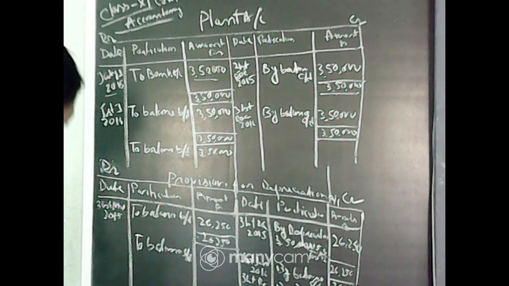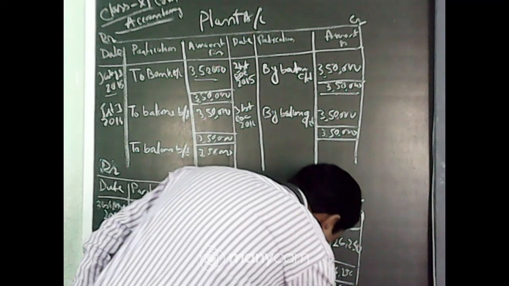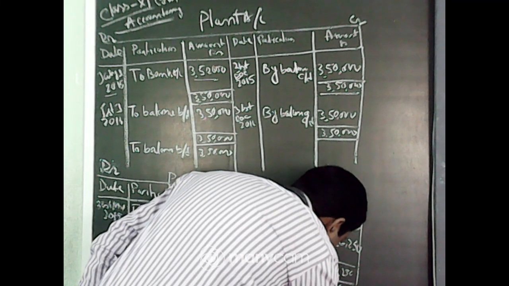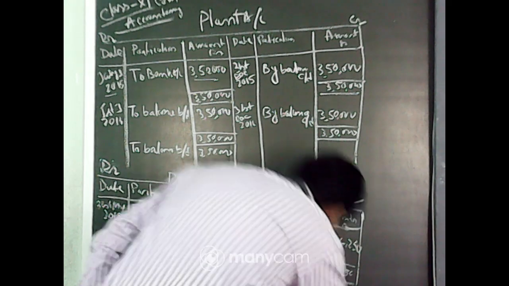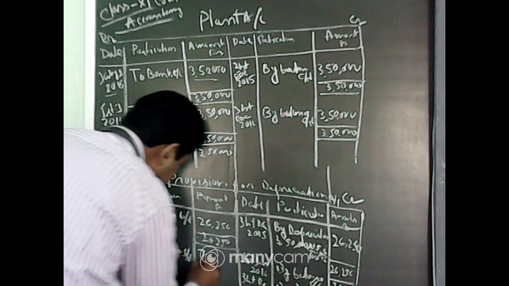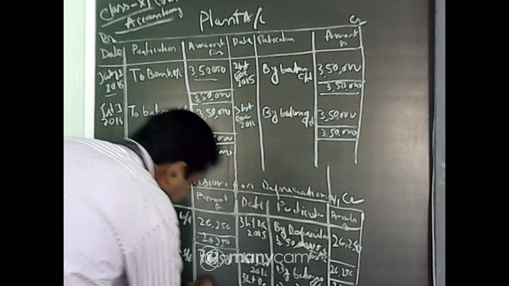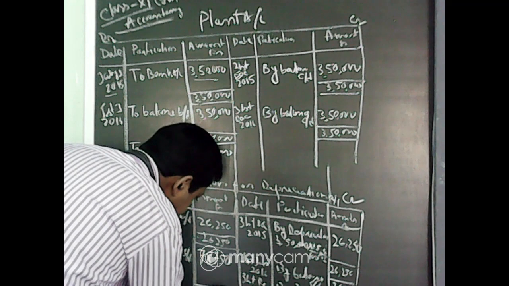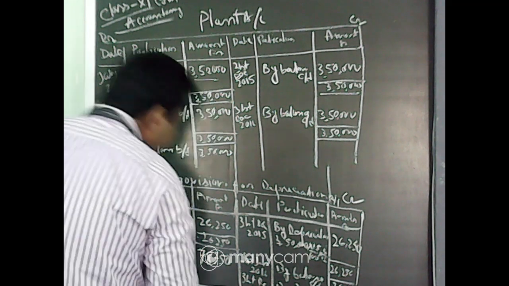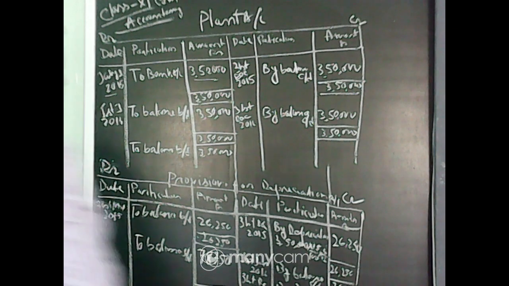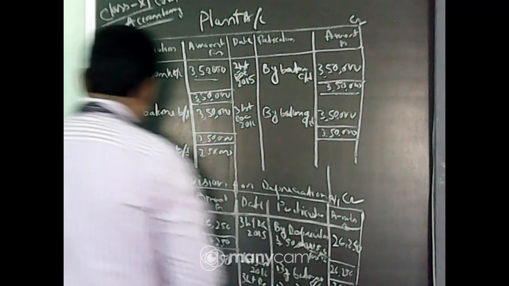Total is 26,250 plus 52,500, that is 78,750. Now, this year also closes.